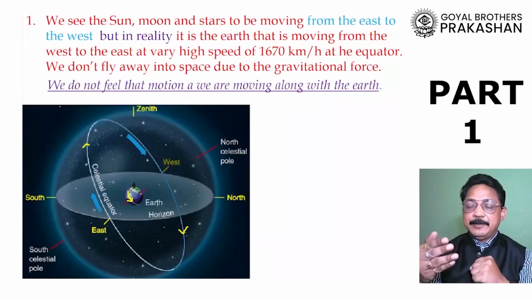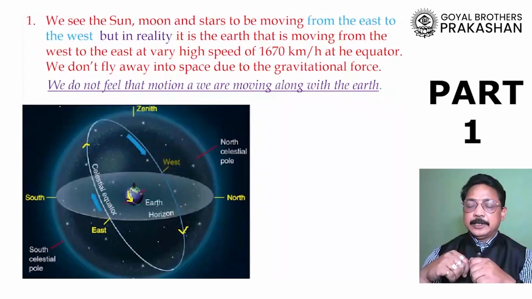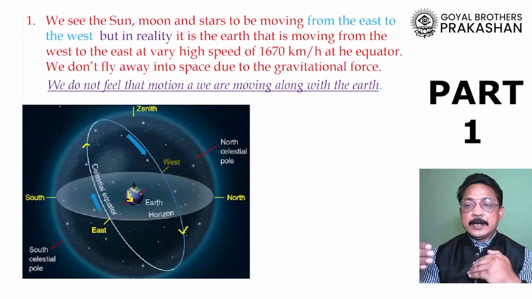But in reality, we already know, because we are in a moving train, it's we who are in motion and the other objects outside are stationary, like a tree or a person standing or a car parked. They appear to be moving, but in reality, it's we who are moving.